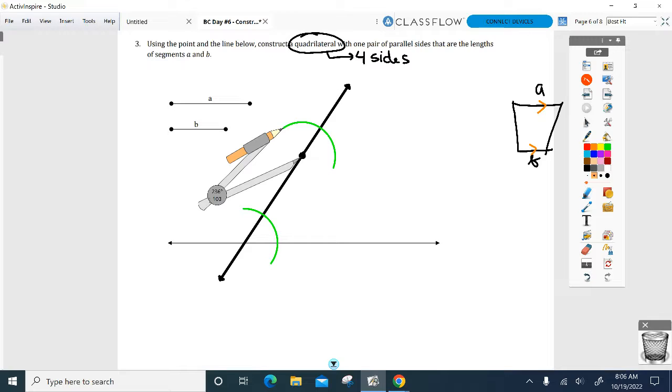Go back down to that first arc. It should have intersected your angle in 2 spots. Take your compass and open it up to those 2 spots. You guys can go ahead if you need to. Then back up to your ray. But make sure we go to not A. Don't go to the endpoint.